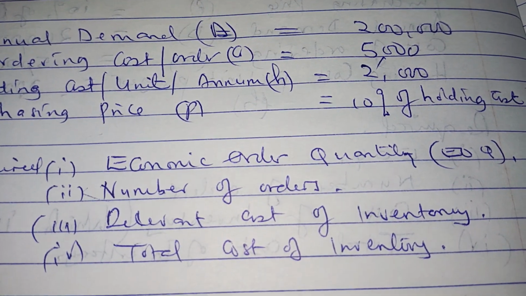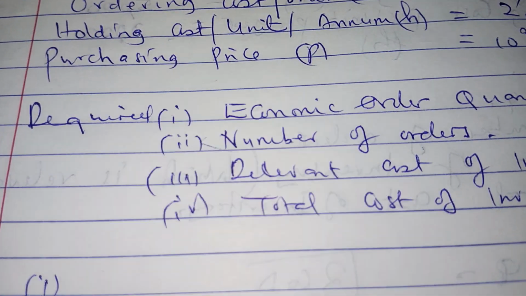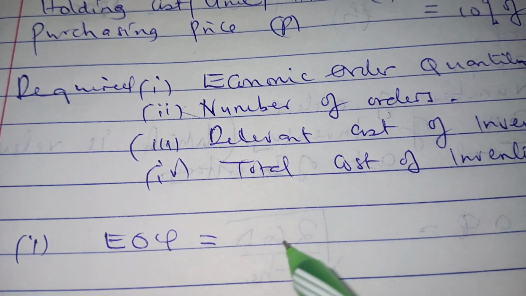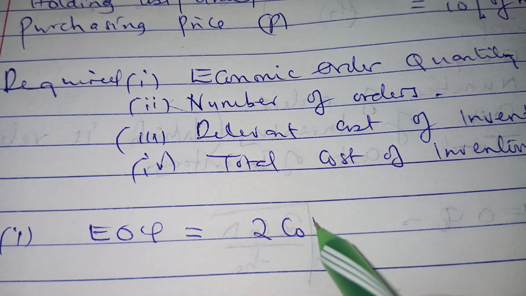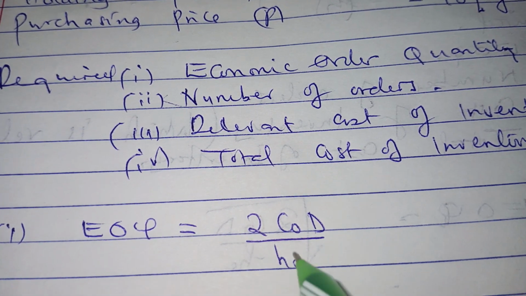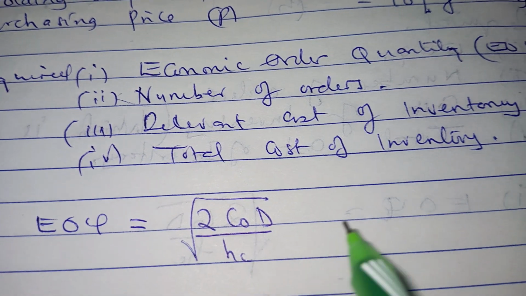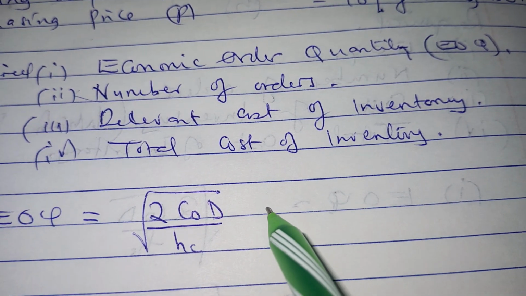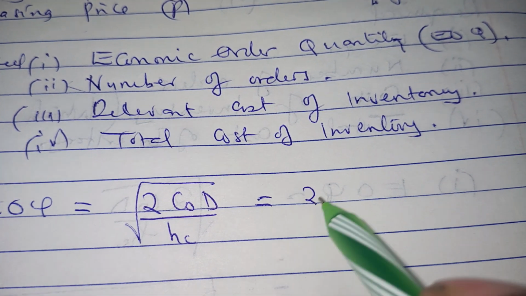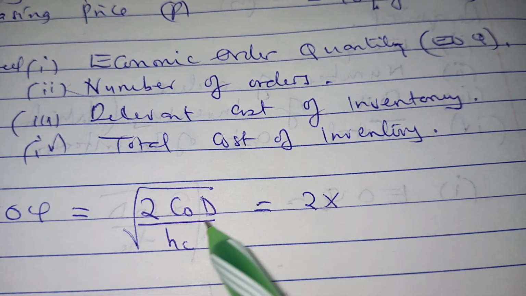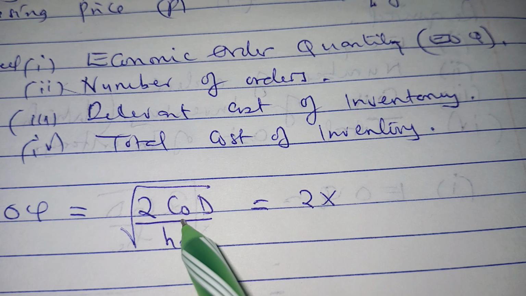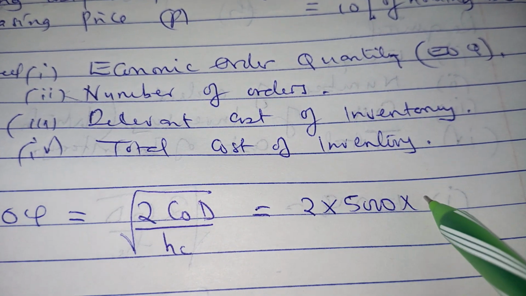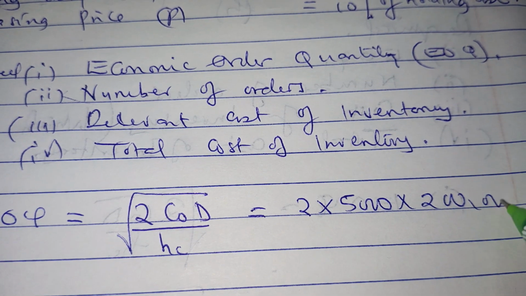So to answer this question, number one, we must remember that the EOQ from the formula is given as the square root of 2COD divided by HC. So we multiply 2 by CO, where CO is the cost of ordering, which is 5,000, and the demand is 200,000.